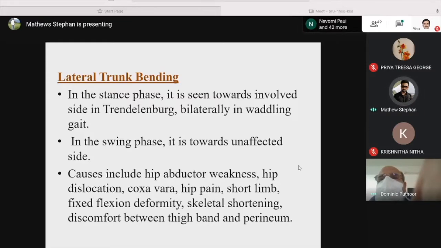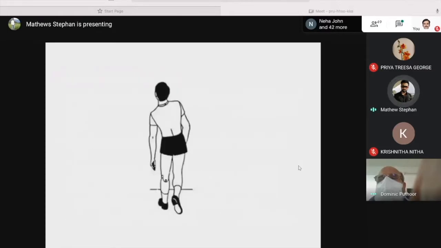The causes include hip abductor weakness, hip dislocation, coxa vara, hip pain, short limb, fixed flexion deformity, skeletal shortening, discomfort between thigh band and perineum. So this is the image. We can see his left side is amputated and a prosthesis has been used, and he has to bend laterally towards that side due to the shortening of that prosthesis.